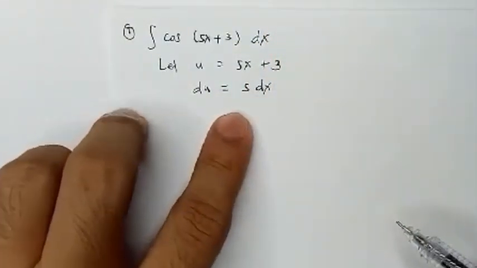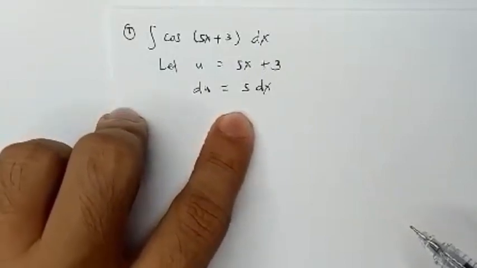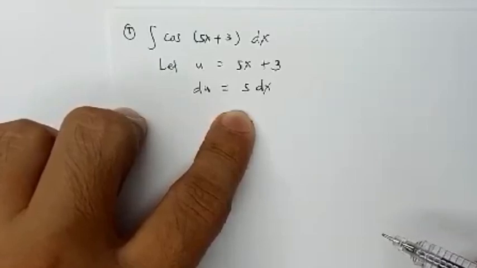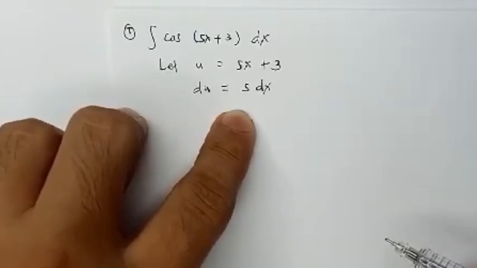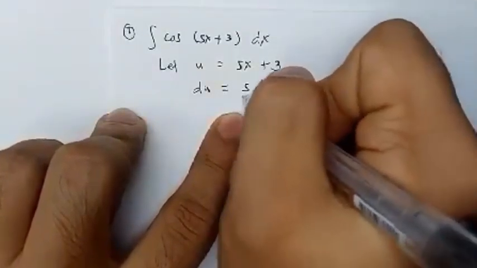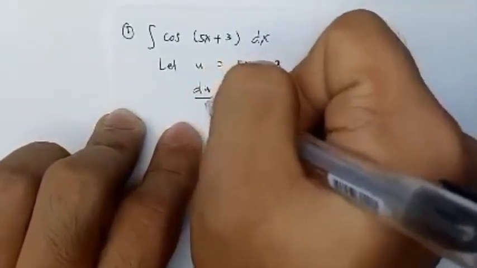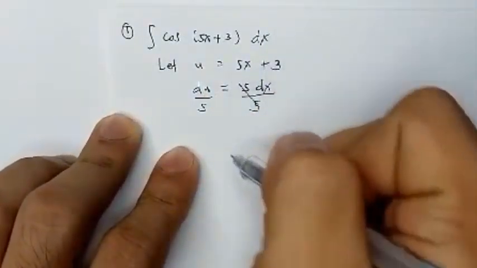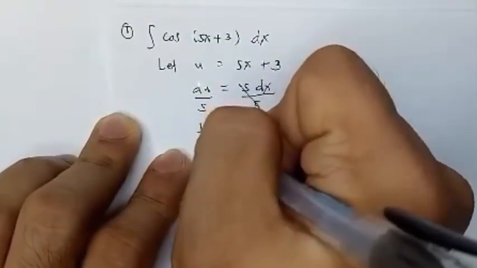Afterwards, we need to get its integrating factor because we all know that the value of the derivative of the function of cosine is not exactly the same as dx. So we need an integrating factor by dividing both sides by 5. Cancelled out. So therefore, we have an integrating factor of, yes, you're right, it's 1/5.